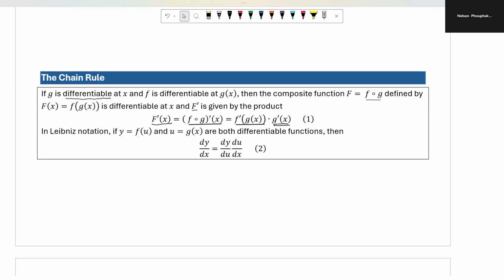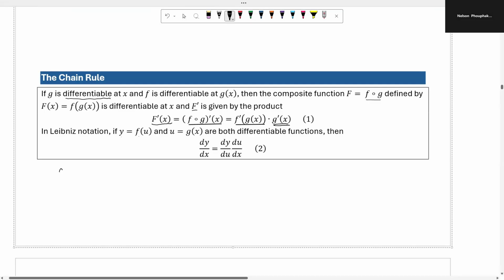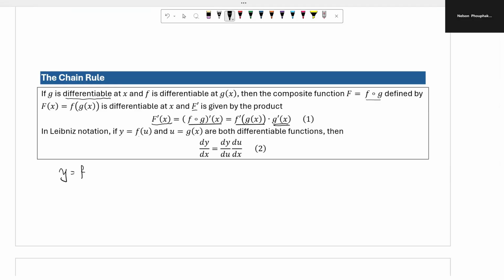A couple of things you need to know: y equals f of g of x. We start with this. Then we will have dy/dx is equal to f prime of g of x times g prime of x. This is what we know.